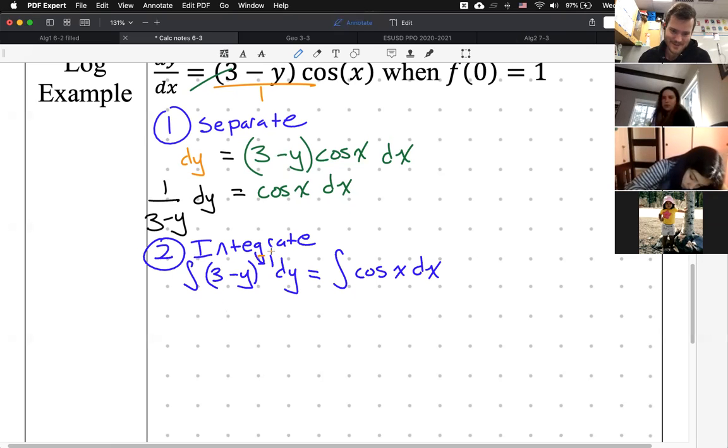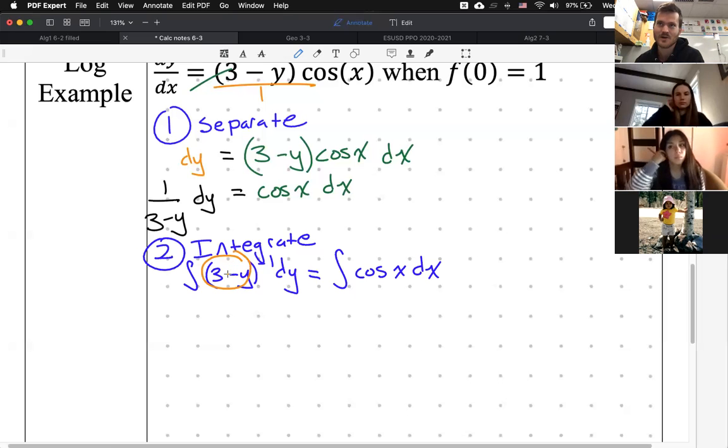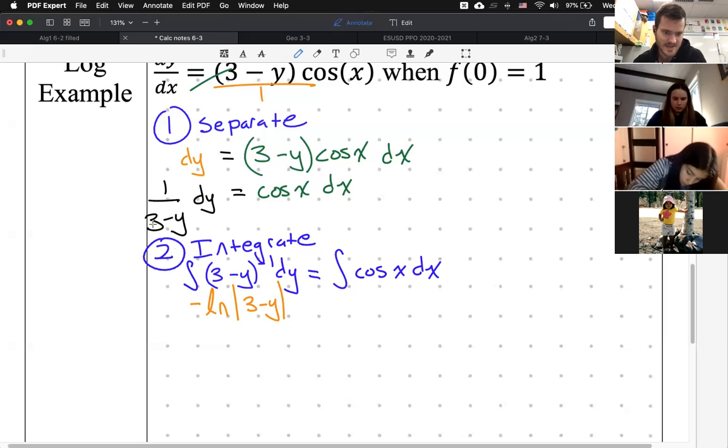So you caught the fact that it was a natural log house, but there's an additional trick here too, which is taxman. You have to use taxman. Why? Because the derivative of the inner is not 1, it's -1. So if you want to do taxman really quickly in your head, just add the negative and you're done. So negative natural log of absolute value of 3 minus y. So good job catching loghouse, but again, taxman is going to add this additional negative out front.